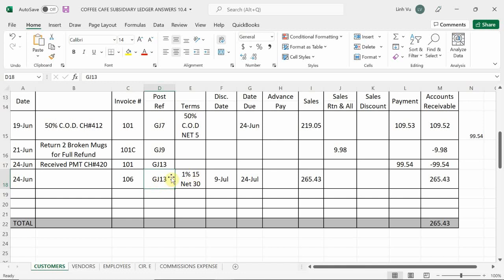Now, in this case, we gave her terms. And did she meet the terms? Yes, she did. So in this case, we must take a 1% discount. Because she gets to receive her 1% discount, her total invoice right now is $265.43.